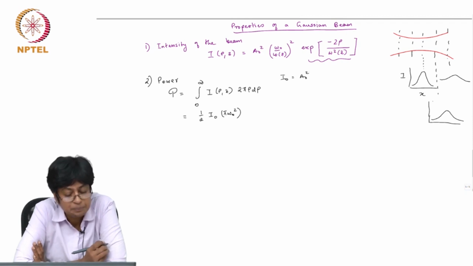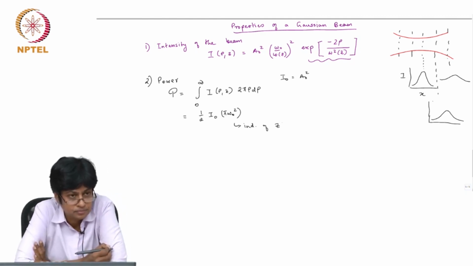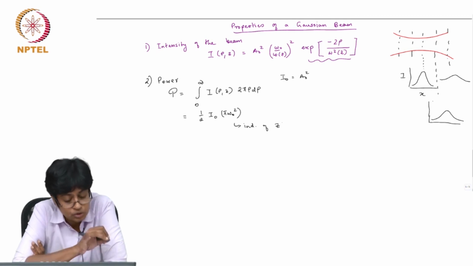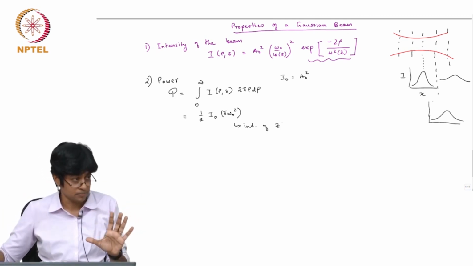Now, it shouldn't be surprising that the expression that you have arrived at is independent of Z, because we are assuming here that as this wave propagates, there is no loss.